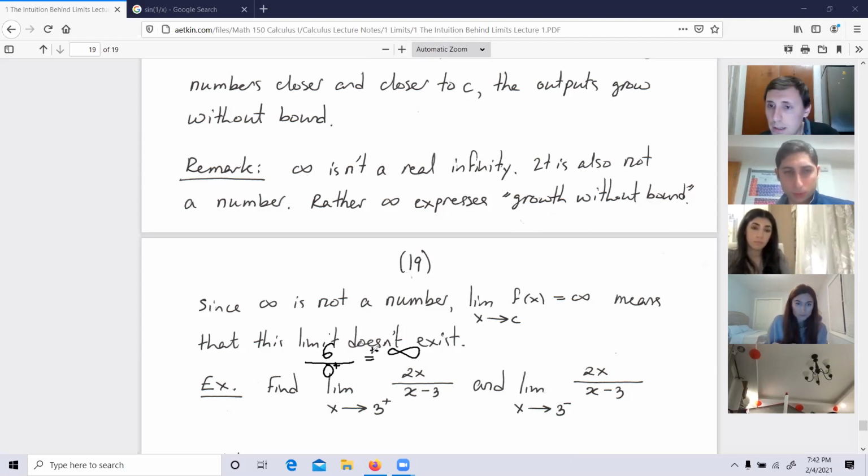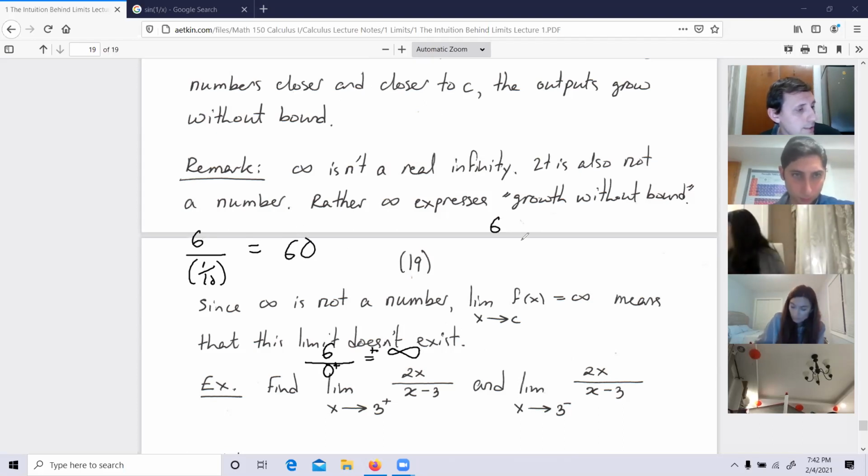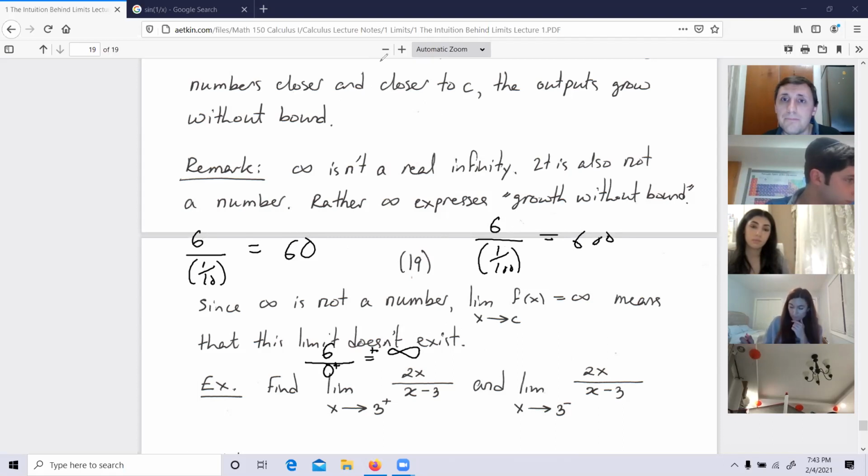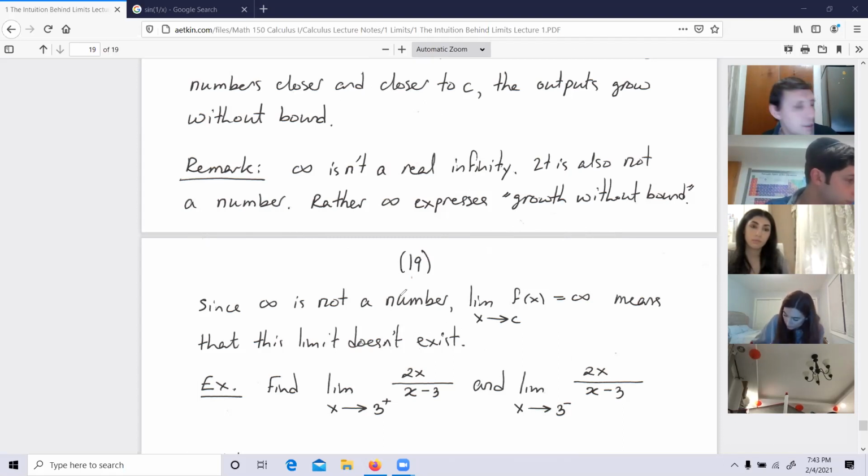Do you see that? 6 divided by 1 over 10 will be 60. 6 divided by 1 over 100 will be 600. So the closer I get to 0, the smaller the number is, the more I'm getting. So this limit is infinity.